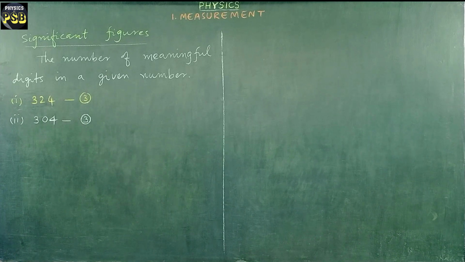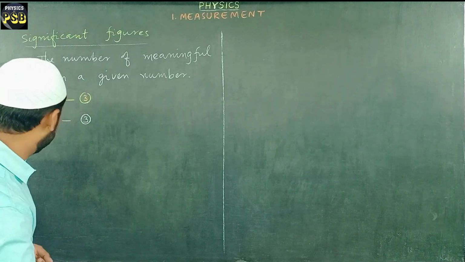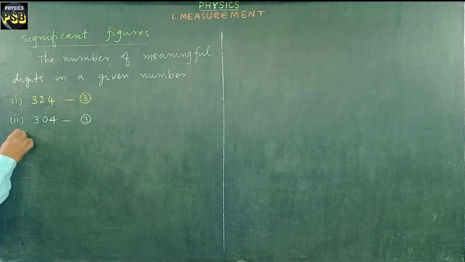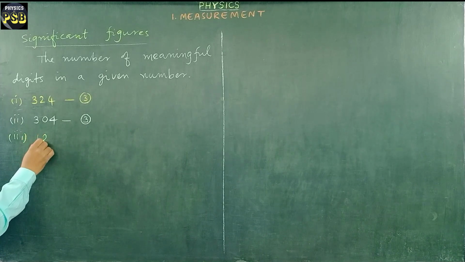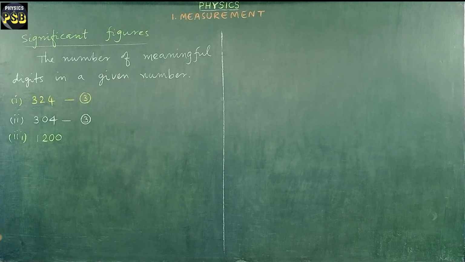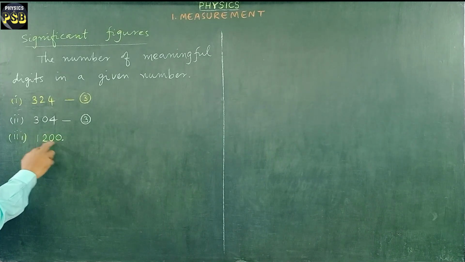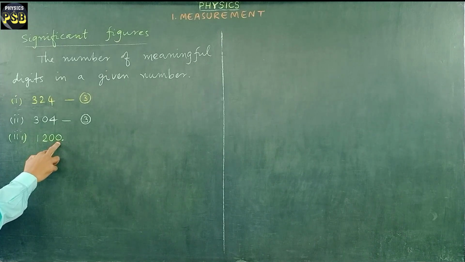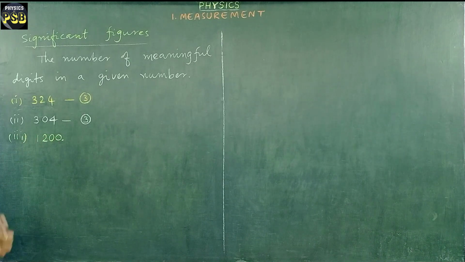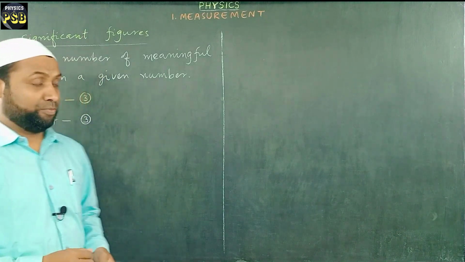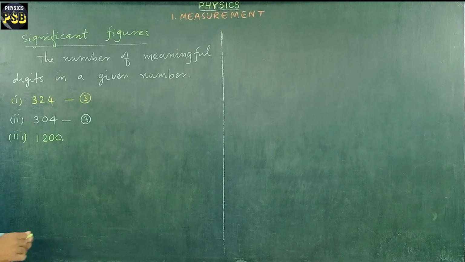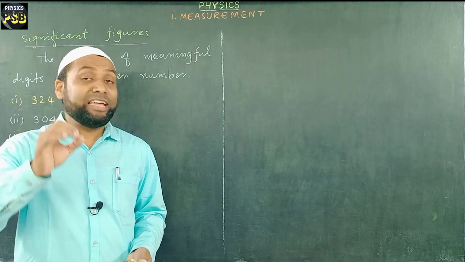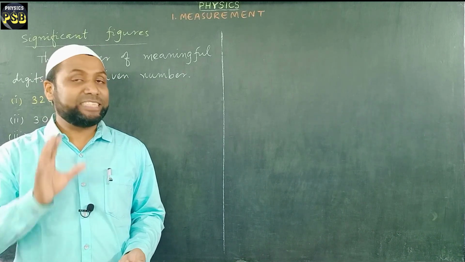Then suppose I have a number which appears something like this: 1200. Now here I have a decimal point. Zeros that are present at the end of a number are usually referred to as trailing zeros. Usually, 0 is considered meaningless, insignificant.